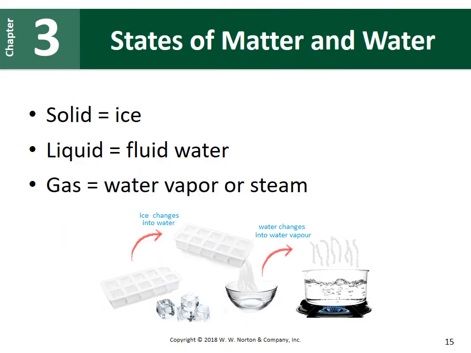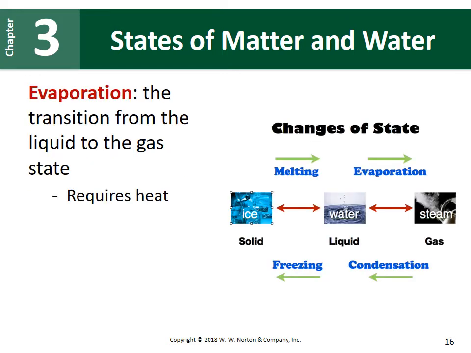Besides being a very good solvent, water is also found in 3 states of matter at temperatures in which living organisms can live. So water is found as a solid in the form of ice, as a liquid in the form of fluid water, and as a gas in the form of vapor or steam. These states of matter can go back and forth between each other.